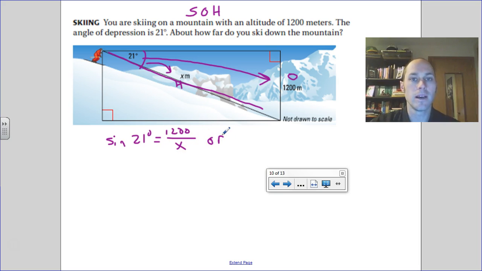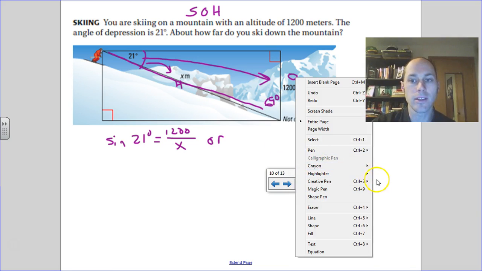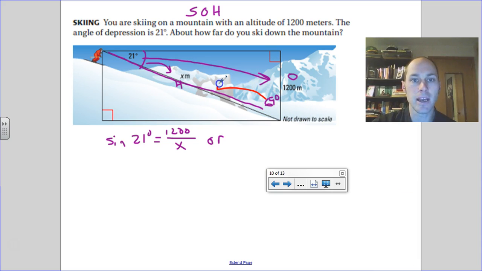Or, since I know that 90 plus 21 is 111, subtract that from 180, 69 degrees in this angle. So I could also look at that angle from the opposite perspective and say, well, this is my hypotenuse still, but this is my adjacent side. AH is CAH.